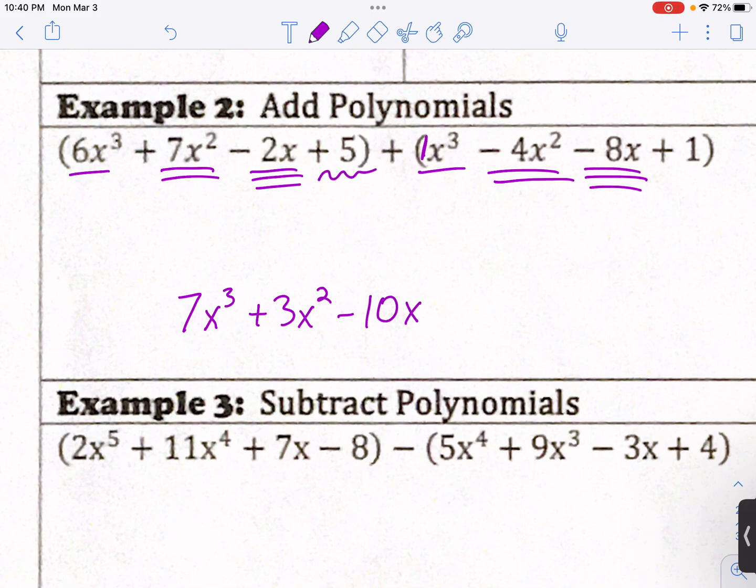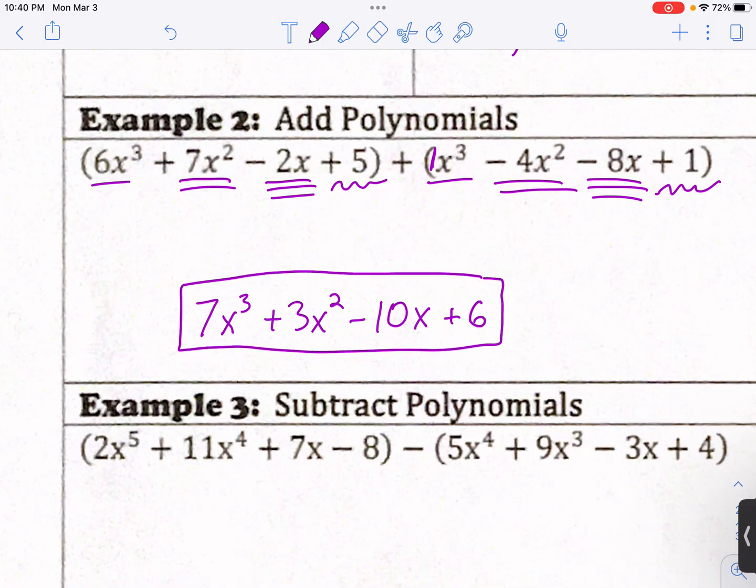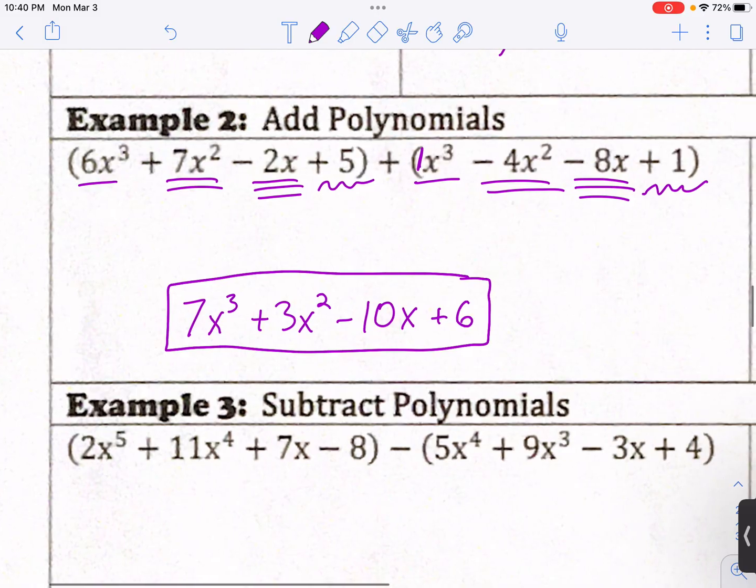And then, going to do a squiggly line for the last one, positive 4, positive 1, we add those, I get a positive 6. So again, the way I recommend, start out with your highest exponent, start out with the x cubes, and then go in descending order. That way, you put it in standard form as you answer.